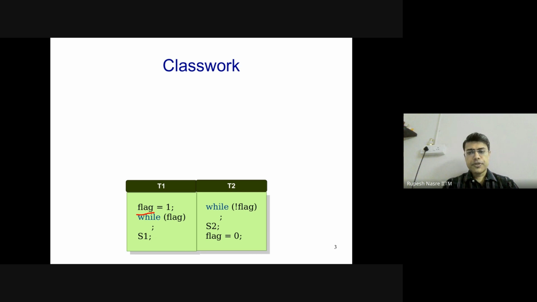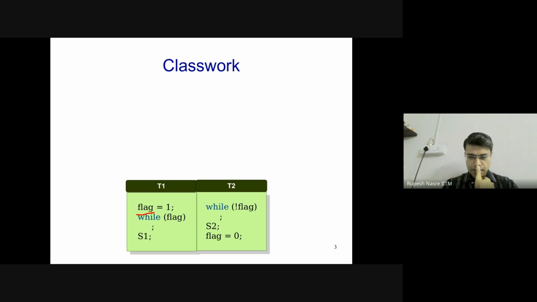Okay. Then the context switch to T1, which makes T1's while true. So both can work in parallel. I see.